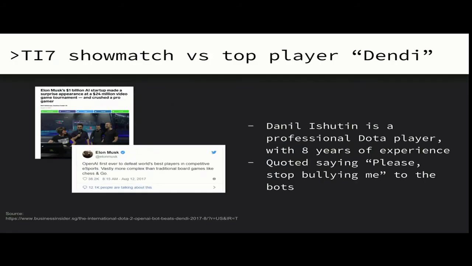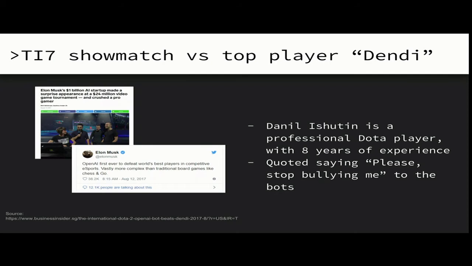In 2017, there was an annual competition where all the pro teams come together to compete against each other. It was at this event that OpenAI introduced their program, and they pitted it against the professional player Dandy. Despite being a professional player of 8 years, he was quoted saying, "Please don't bully me," to the bots.